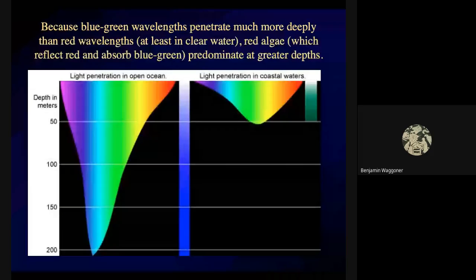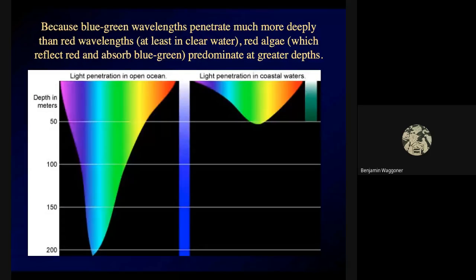It starts getting very dark, and it starts getting impractical for photosynthesis. But blue-green wavelengths penetrate more deeply than red. You can see red is pretty much completely absorbed by the time you're about 50 meters down.